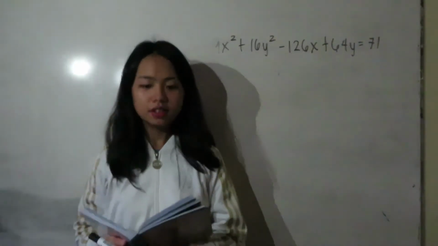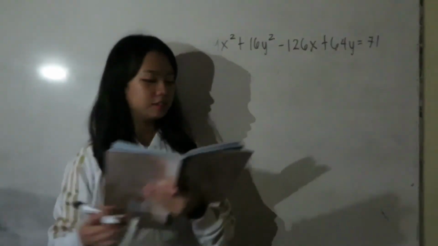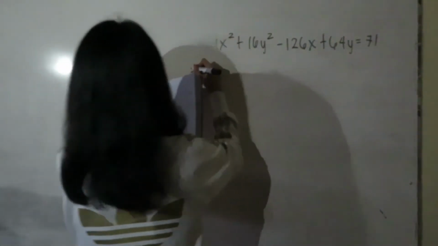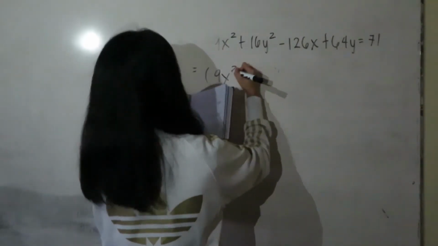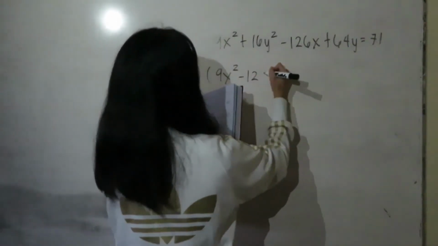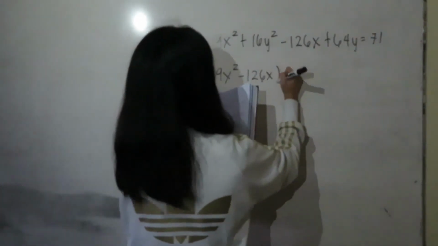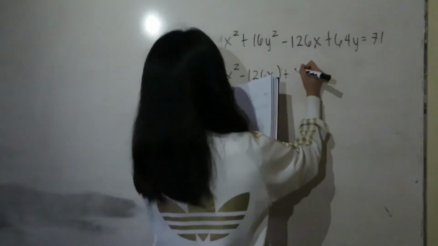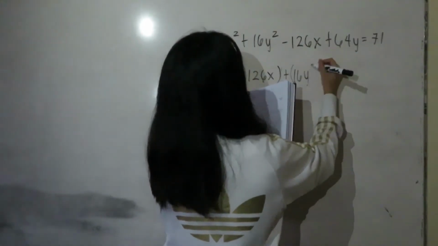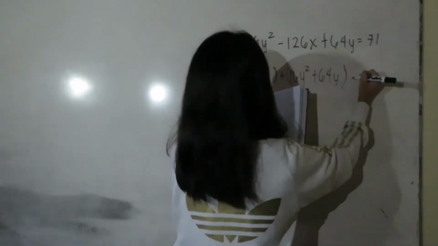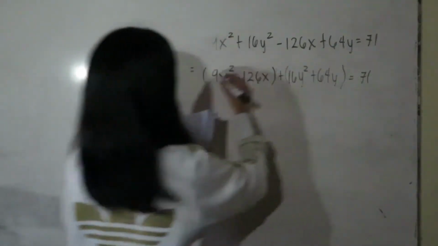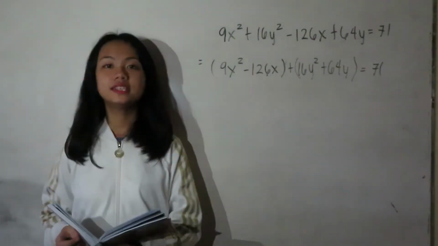Step 1. Group the x and y terms. So, 9 quantity x squared minus 126x plus 16 quantity y squared plus 64y equals 71. Step 2.